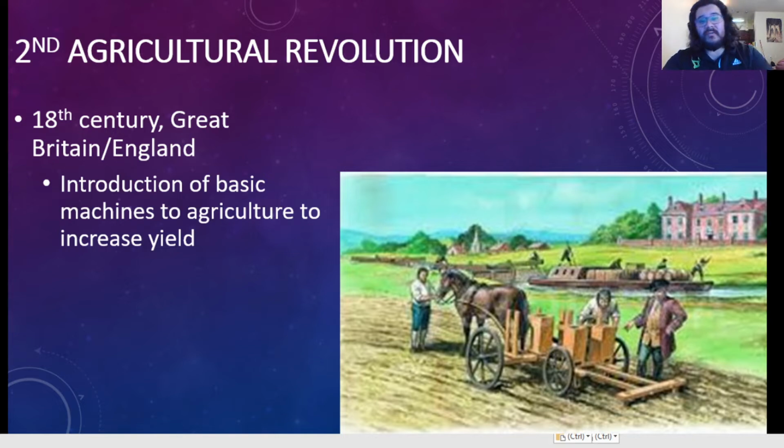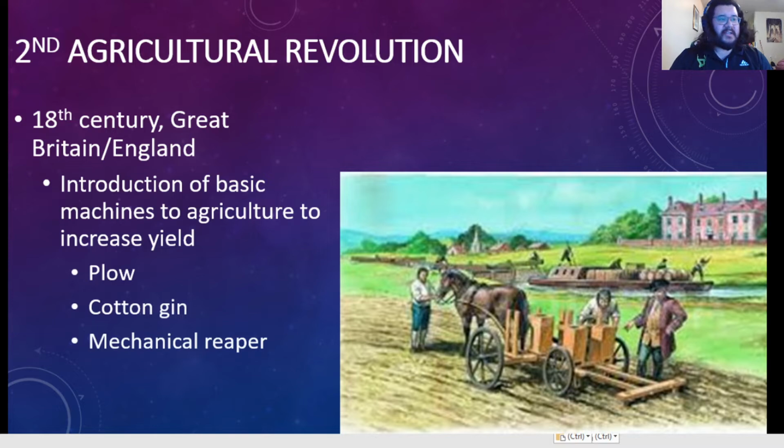We're shifting the workload to use more machinery, to use more animals in the production of agricultural products. Things like the plow, like the mechanical reaper and the cotton gin, which all are meant to expedite the process of growing crops and producing agricultural goods, so that we can, bar none, increase yield.